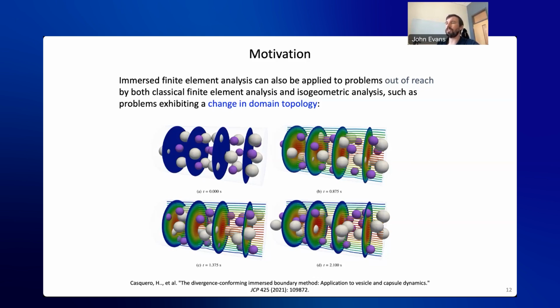So this is an image taken from a work from Hugo Casquero on the divergence conforming immersed boundary method, where he developed this immersed technique based on a combination of isogeometric analysis, so-called divergence conforming discretizations, which I investigated in my own PhD work, so super exciting to me, but was able to handle problems such as this, where you actually have blood cells moving through a capillary.